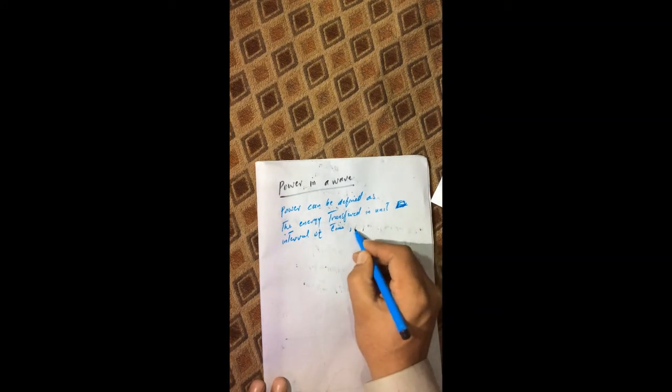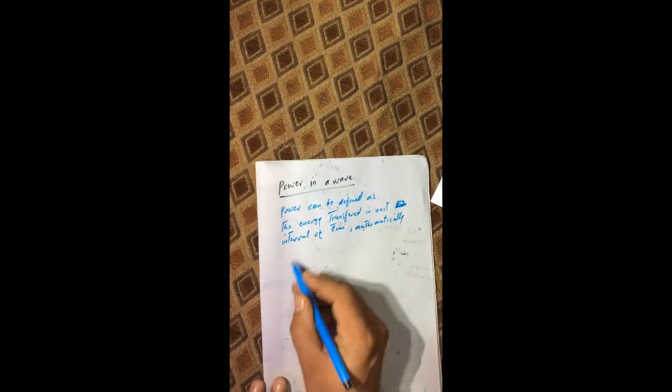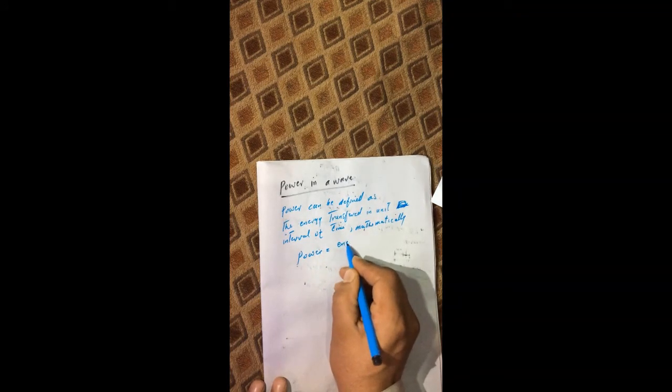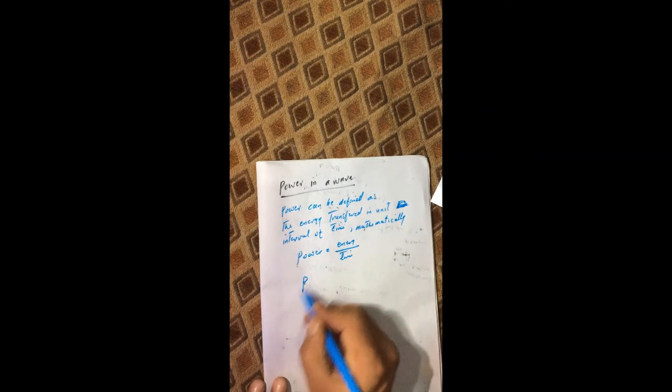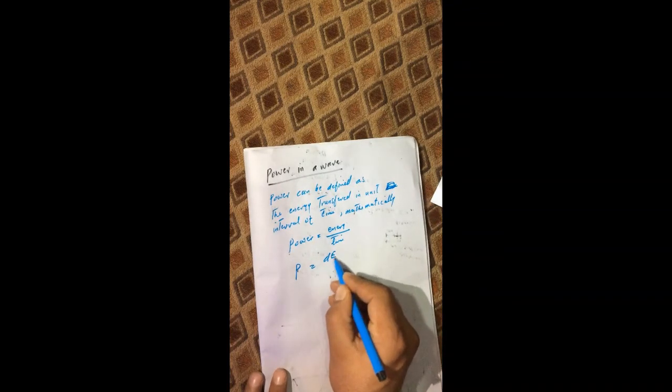Mathematically we can define it as energy transfer per unit time. So we represent power by the symbol P, which is equal to dE by dt, or the rate of change of energy from one point to another point is called power.